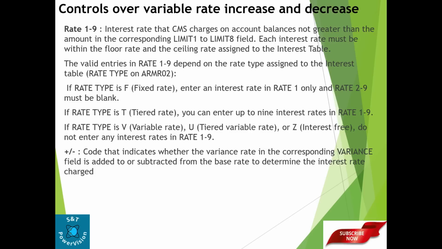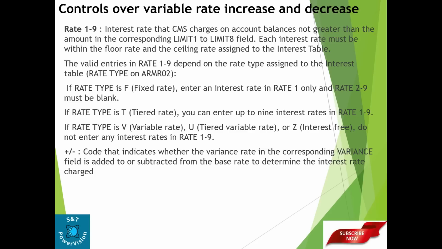Rate type is on ARMR 02. If rate type is fixed, enter an interest rate in rate 1 only and rate 2 to 9 must be blank. If rate type is T, you can enter up to 9 interest rates in rate 1 to 9. If rate type is V, variable, or U, tiered variable rate, or Z interest rate, do not enter any interest in rate 1 to 9.